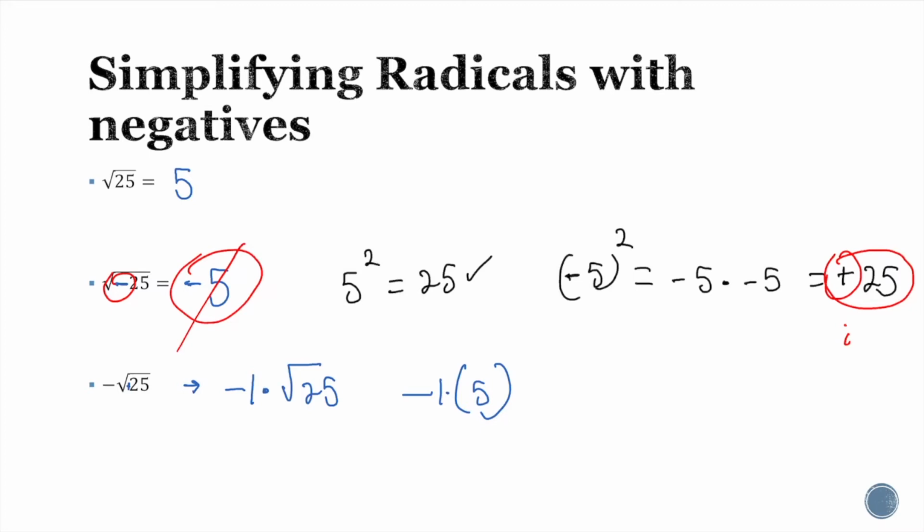So negative 1 times 5 is negative 5. Let's do one more. Negative the square root of 16 is equal to negative 1 times 4. So negative 4, excuse me.